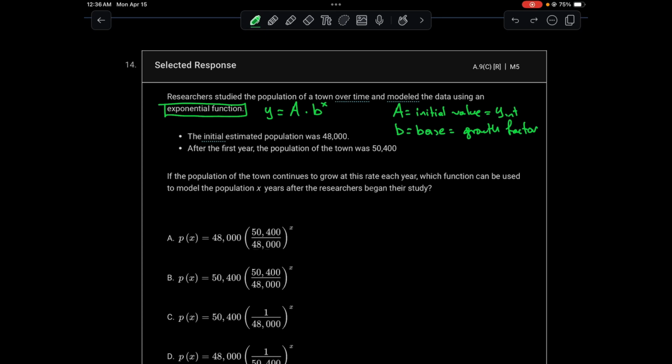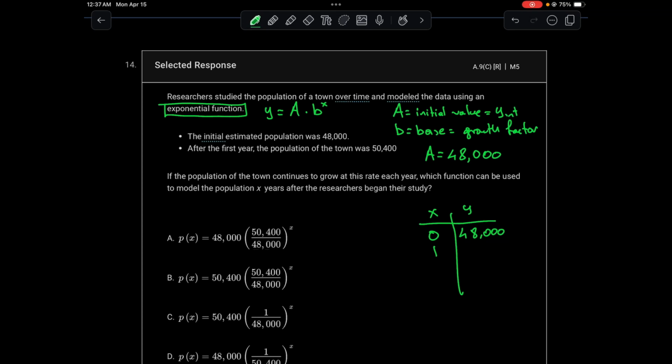Okay, the initial estimated population was 48,000. Immediately we know that A is 48,000. After the first year, the population of the town was 50,400. Okay, well, that allows us to actually draw a chart, because initially x is 0, which goes with 48,000, and after a year, when x is 1, so x goes by year.